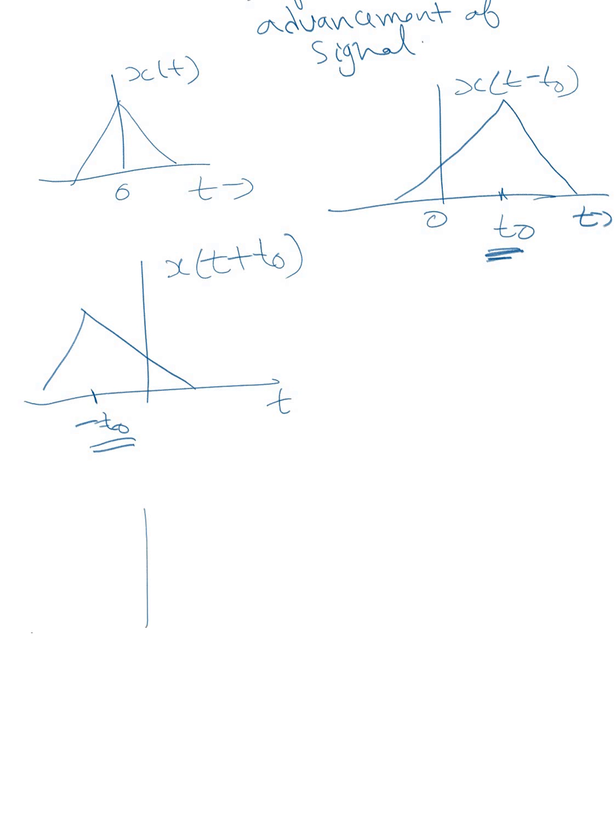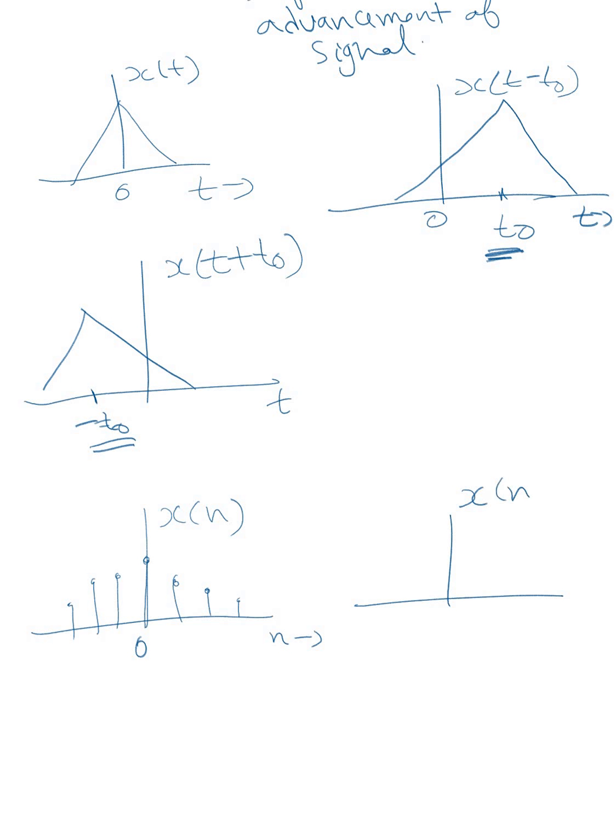The same example we can have for a discrete time signal. Let us say we have a discrete time signal x of n. Let's say this is a signal x of n, and a shifted version of the signal, that is x of n minus n naught, will be the same signal x of n shifted towards right when n naught is a positive quantity.